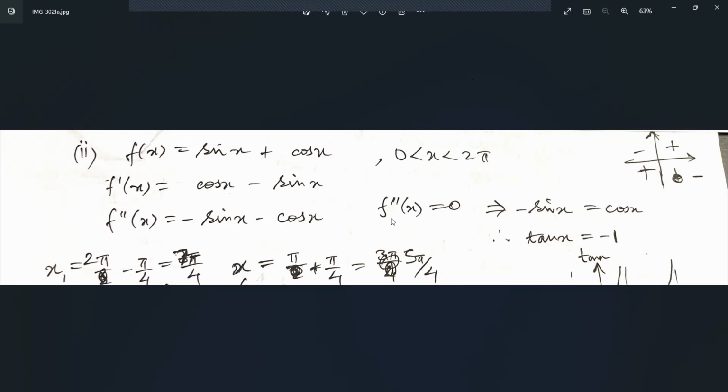To get the values where this is equal to 0, we set f prime equal to 0, and when we simplify, that is the points at which tan x is equal to minus 1. Here we know from trigonometry that tan x is positive in the first and third quadrants, and negative in these two quadrants.